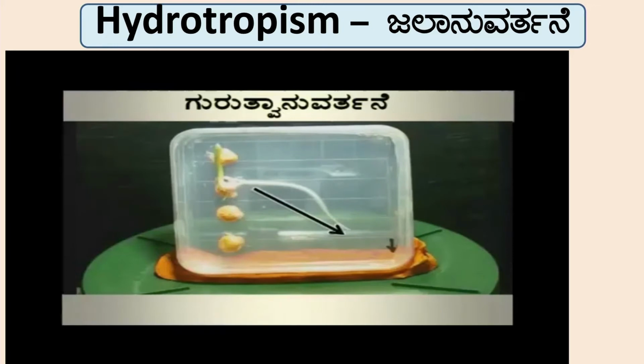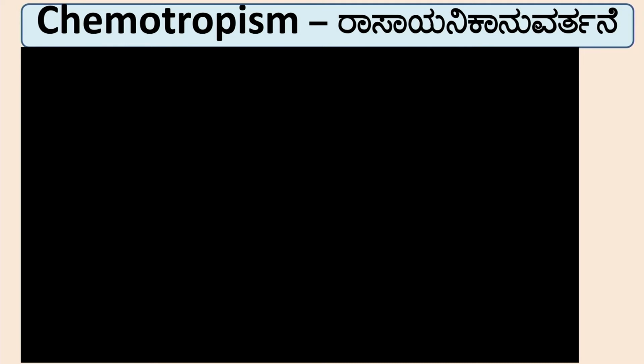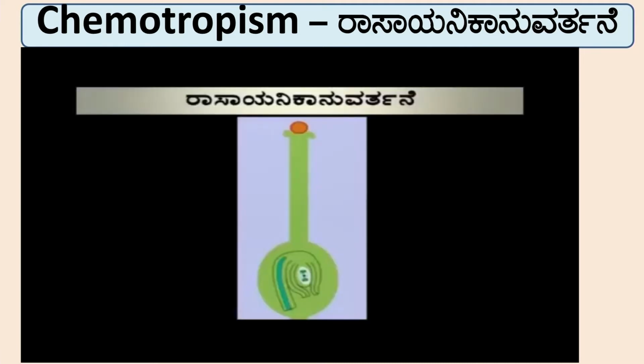Here I have also shown you that not only hydrotropism, geotropism is also seen. The roots are growing towards the earth, so even that is present. Next important thing is chemotropism, the movement of the plant body towards chemicals.